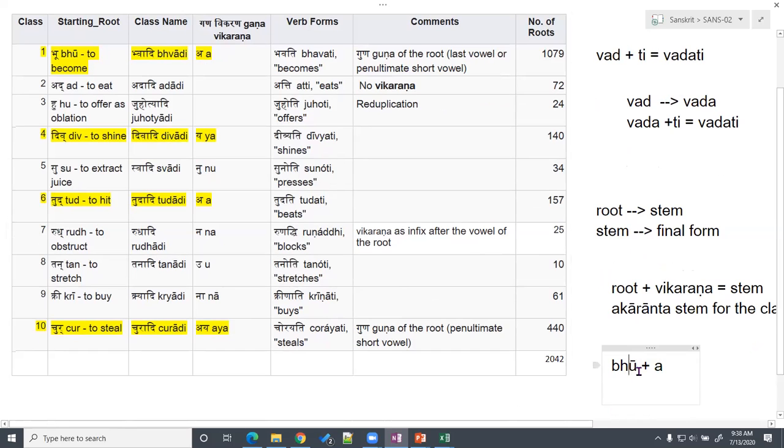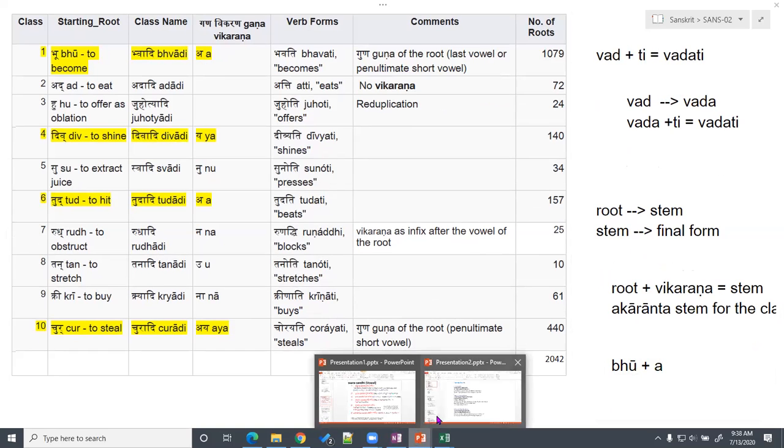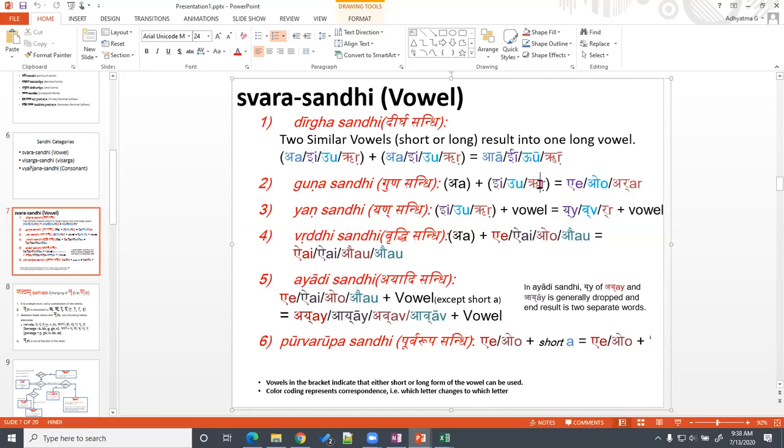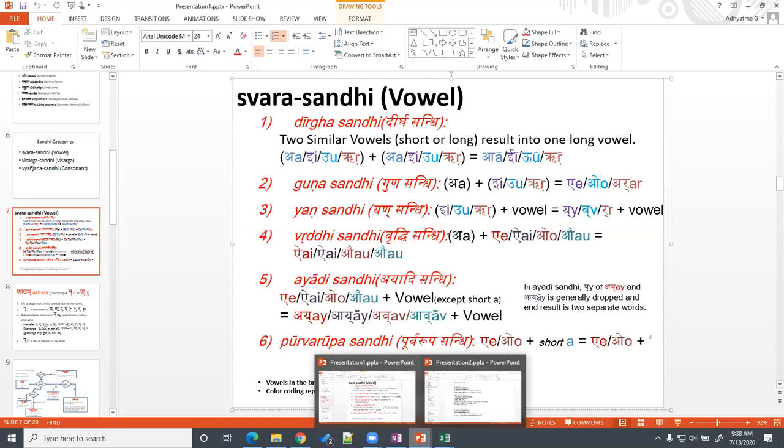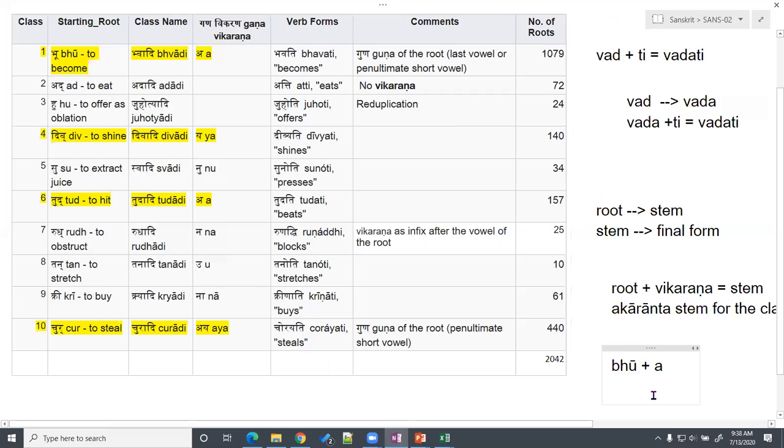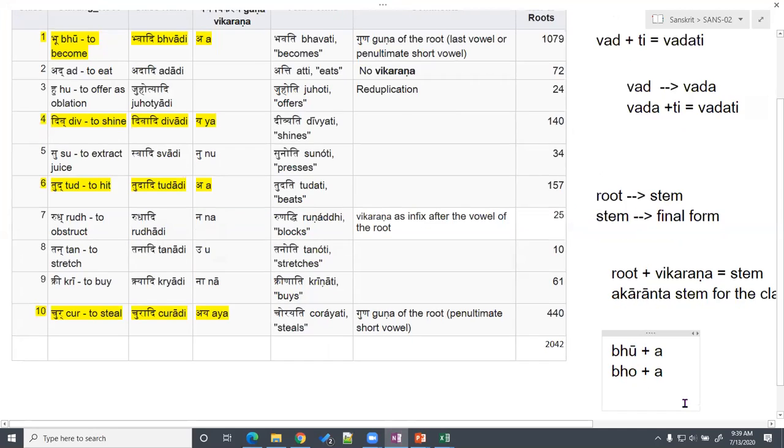So it is the last vowel. And if you go by this slide, okara refers to both, either short or long. It has the guna letter as O. So it becomes O plus A.